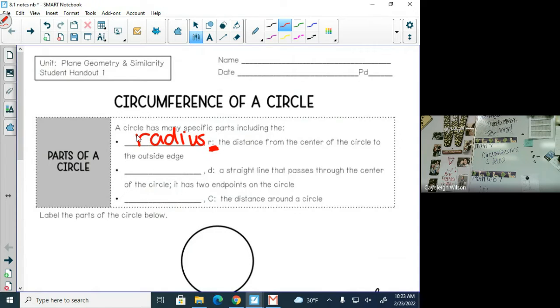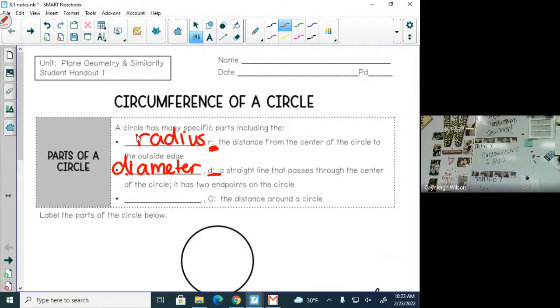We also talked about the diameter. The diameter is the straight line that goes through the center of that circle. They call diameter the small letter d. So if they give you little r, they're going to expect you to know that that's radius.